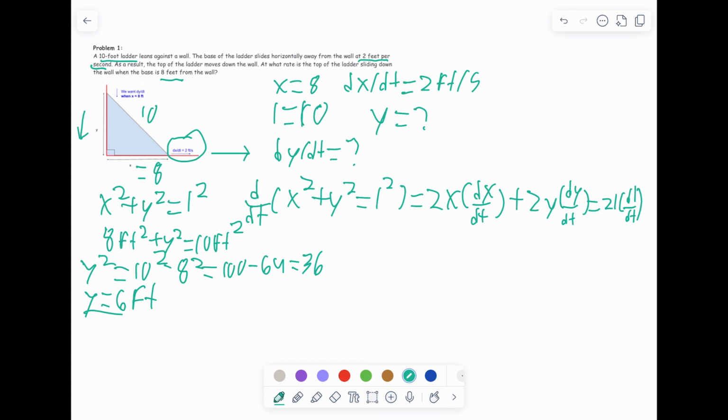So now that we have that value, we can then substitute back into our derivative. So then you'd want to do 2 times 8 feet times 2 feet per second plus 2 times 6 feet times dy/dt equals 0.